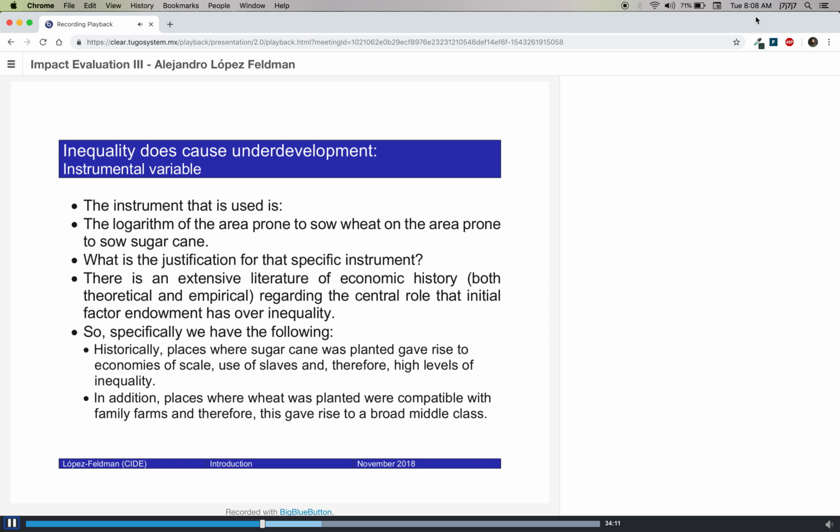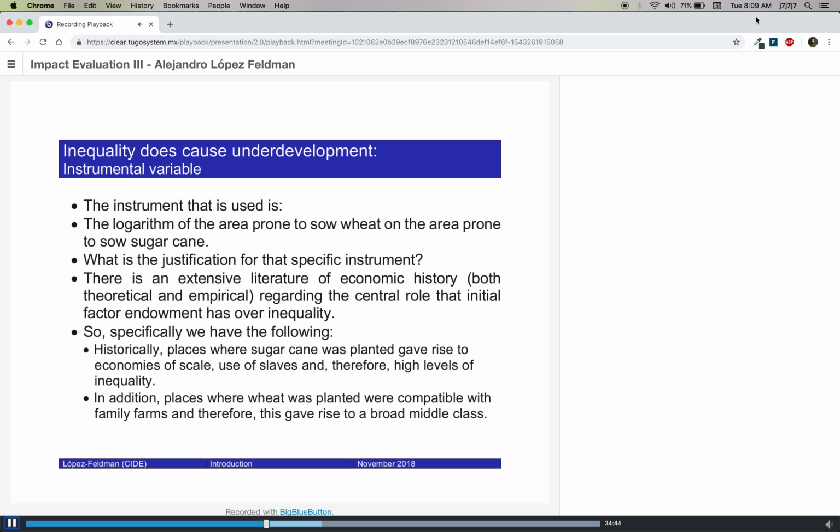So Easterly says that what we are seeing is that today's inequality, not 100%, but we need to have a correlation, can be explained by the initial factor endowment. Of course, I need just a part regarding inequality. This has to do with agricultural matters from 100 years ago. That's why they said that this is relevant.